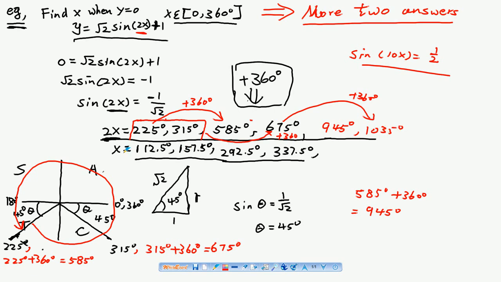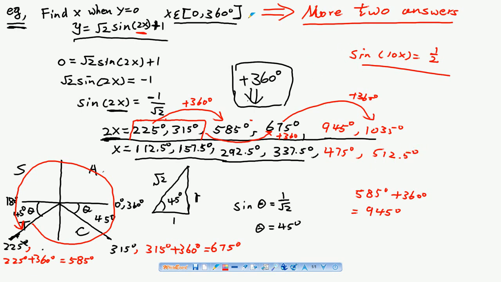If we do the next step again and divide these values by 2, I will have 472.5 degrees and 517.5 degrees.